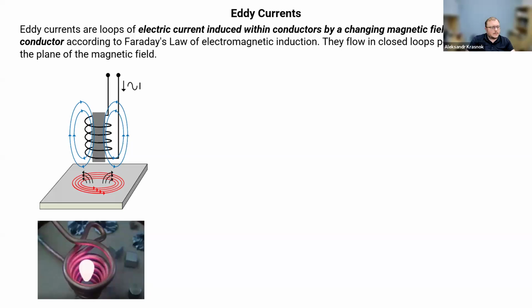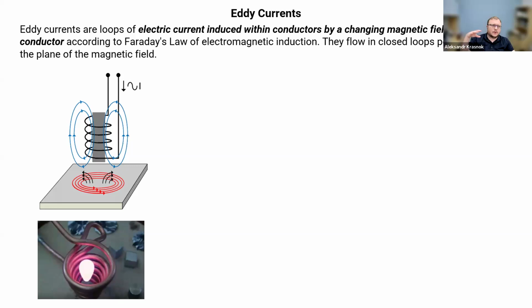Positive, I'm aware of just one: whenever we need to heat something, to melt something. For example, induction cookers, or when we need to melt some metallic objects, it is nice to use this eddy currents effect because other approaches fail, basically.